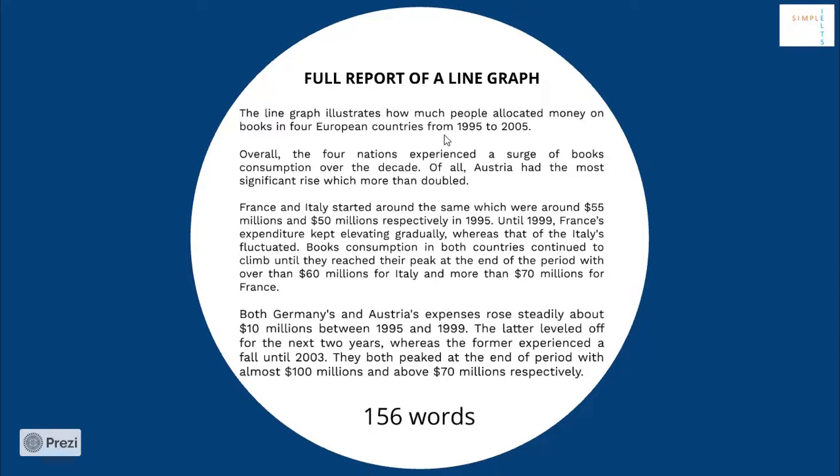So the introduction is in the first paragraph, the summary in the second paragraph, and then the third and the fourth paragraphs are each for body paragraph 1 and body paragraph 2, where we talk about details about the data, where we compare them. And the number of words that I have written is 156 words. So it already passed the minimum 150 words.